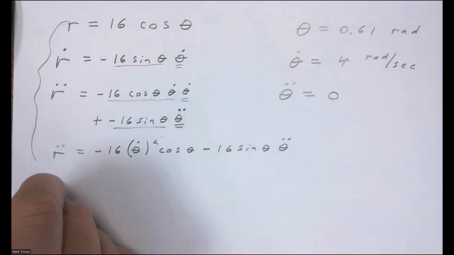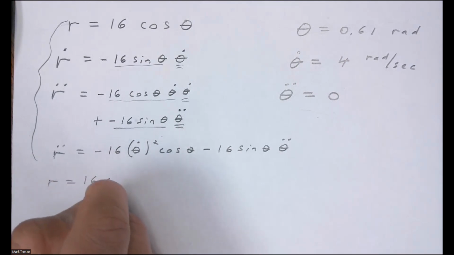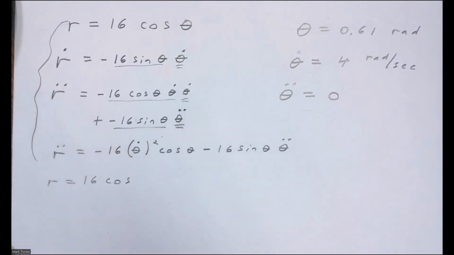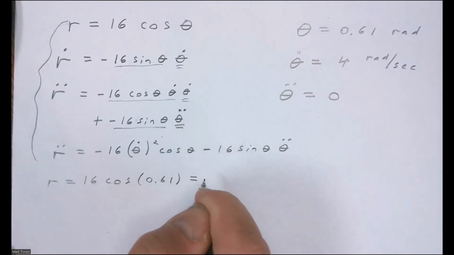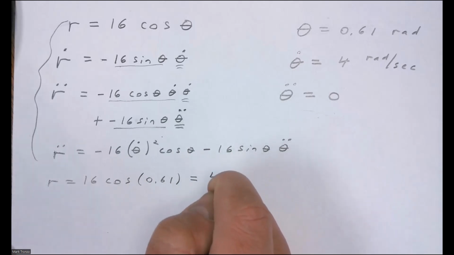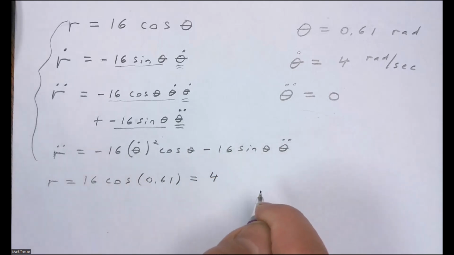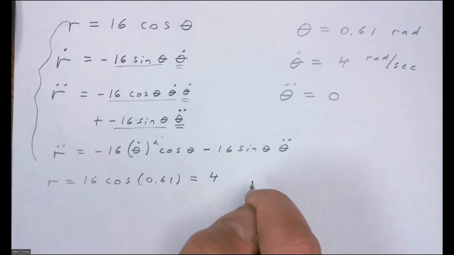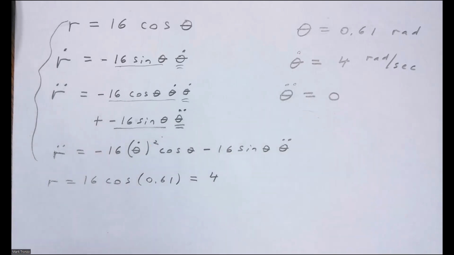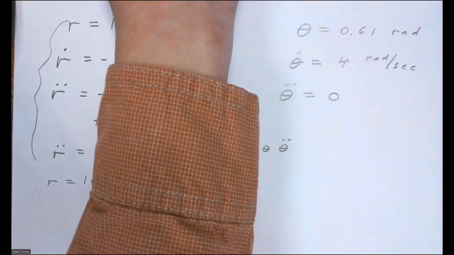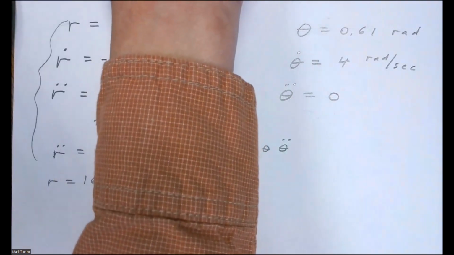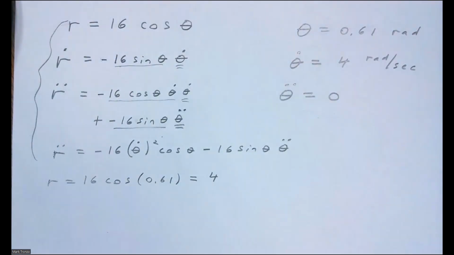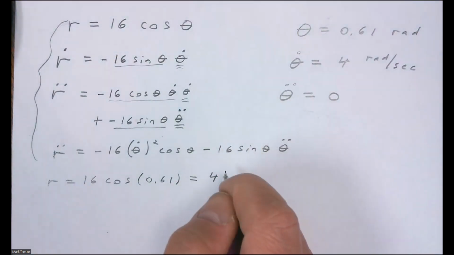So r is going to be 16 cos of 0.61. When you put that in your calculator, you get 4. I guess we're working with inches; let me just recheck the original picture here. Yes, we're working in inches, so it's going to be 4 inches.